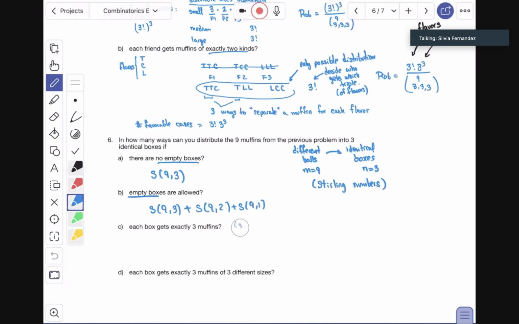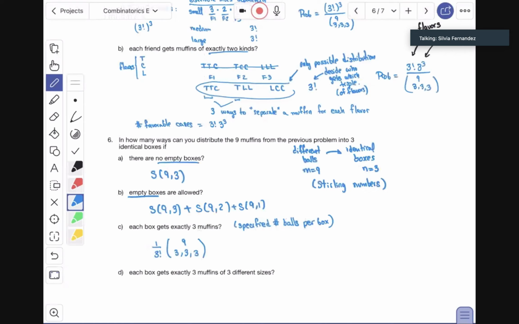This is a specified number. And so for the Stirling numbers, that becomes 9 choose 3, 3, 3. But because the boxes are identical, remember we are dividing by the multiplicities when we're talking about those types of distributions, the ones that go with the Stirling numbers.